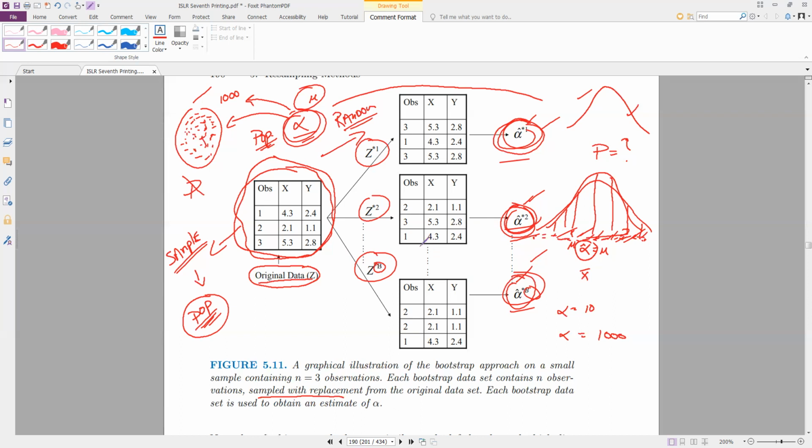So the computer is sufficient for doing this. And the nice thing about the computing power is that you can get a whole bunch of bootstrap samples. You don't have to stop at 1,000. You can get 5,000, 10,000, etc. And you can even adjust that when you do bootstrapping. You can try 500, you could try 1,000.